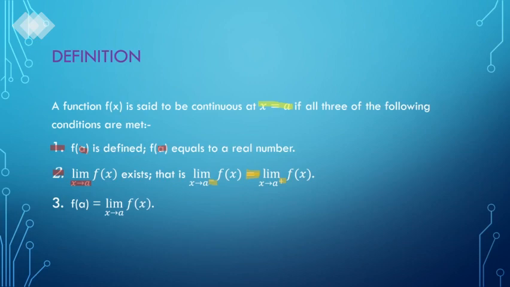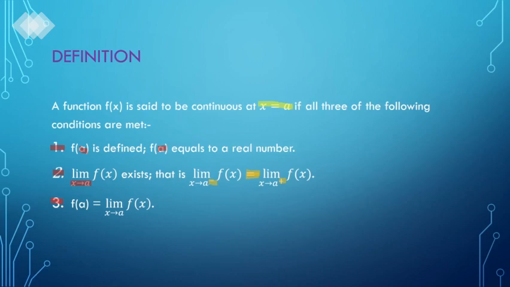Okay, for the third condition, condition number 1 must equal condition number 2. So f(a) equals limit f(x) as x approaches a.